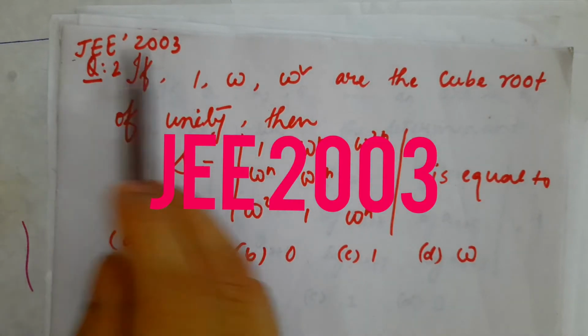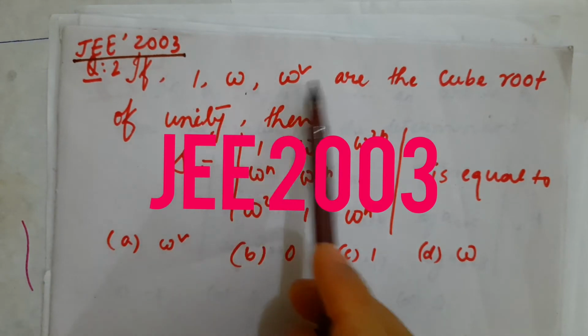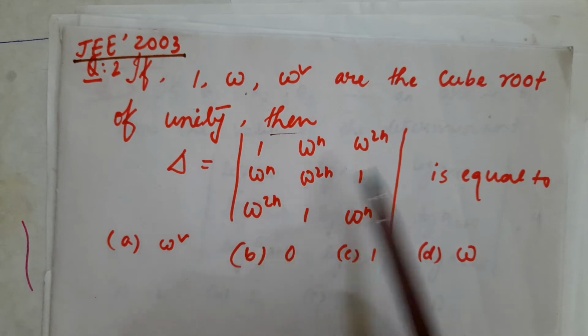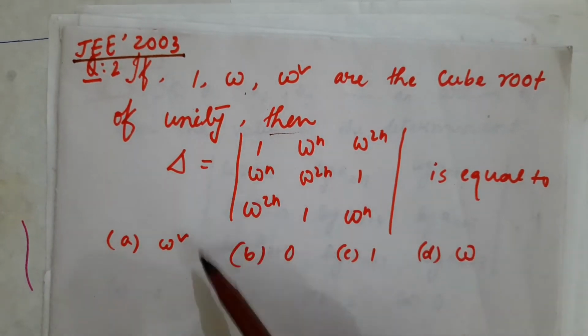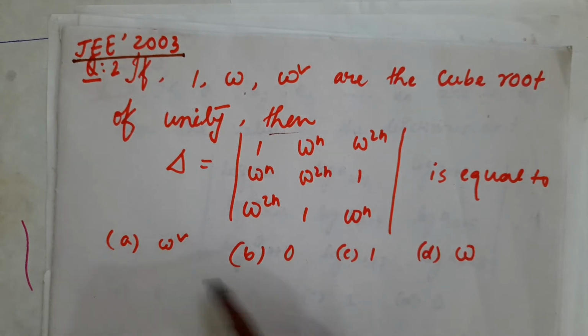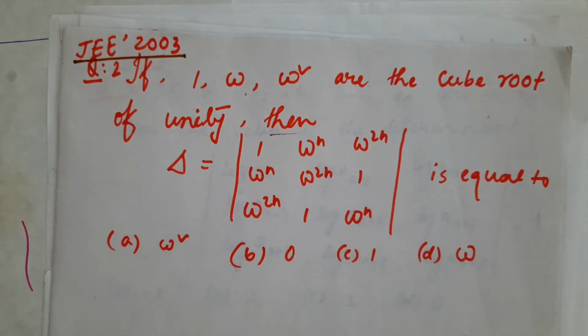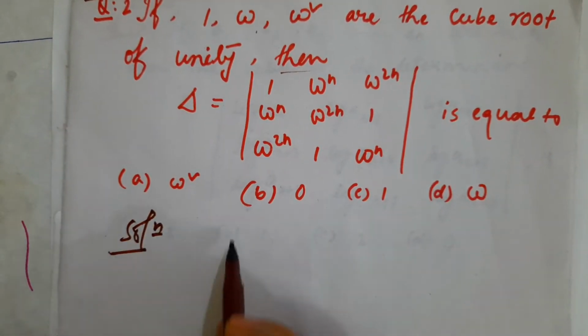Here is another question asked in JEE 2003. If 1, omega, omega square are the cube roots of unity, then this determinant is equal to what? We are asked to check the determinant value. So how can we solve this one?